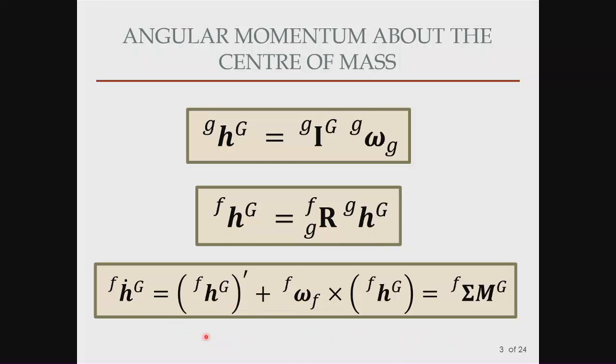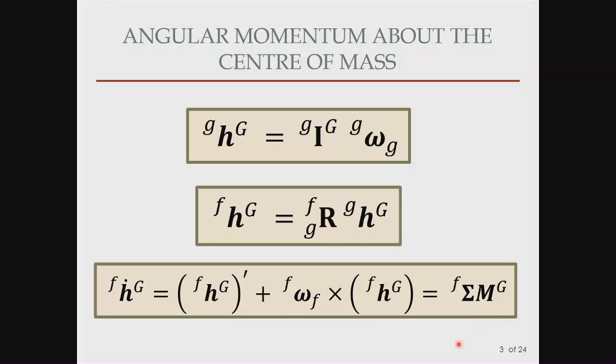And the left-hand side here is what? Golden formula applied on which vector? On h, the angular momentum about G, to get h dot. And if you remember, h dot about G, we showed how it is equal, for a given rigid body, to the sum of external moments applied on that rigid body, where all the moments are summed about point G, the center of mass.